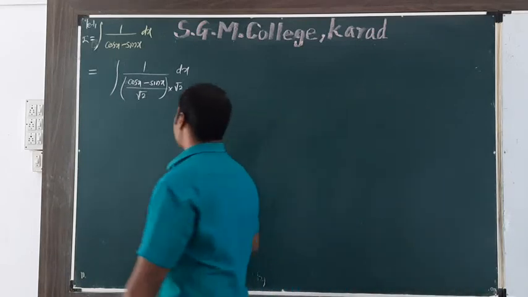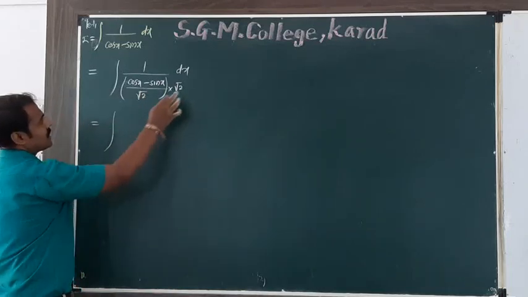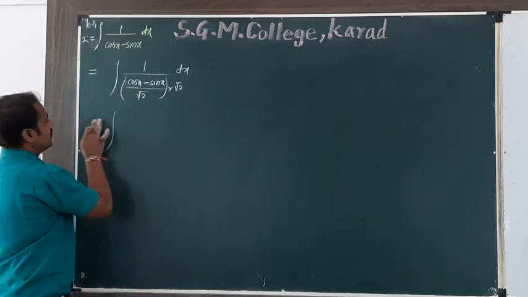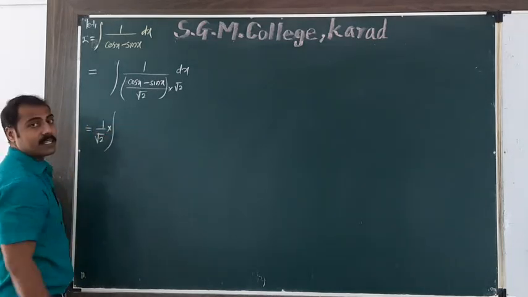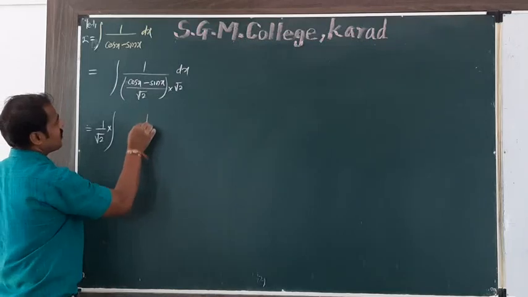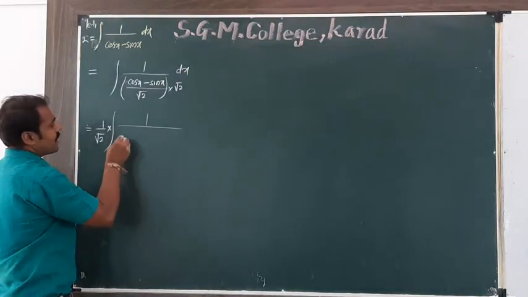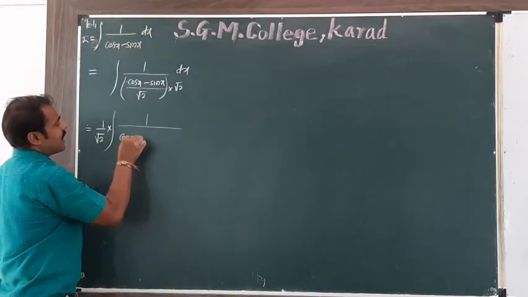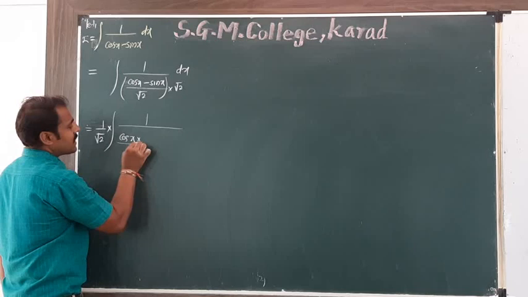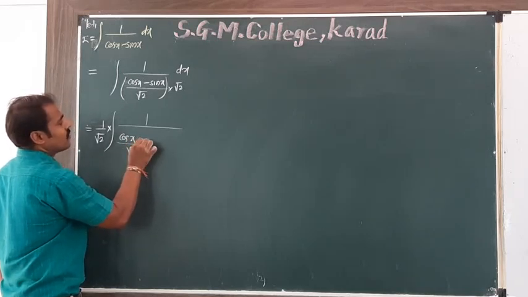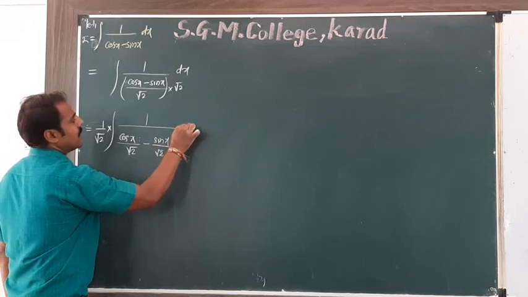This adjustment is very important. So the integration becomes: here root 2 is constant, so take it outside, 1 upon root 2 into integration of 1 upon, on separating the denominator, cos x divided by root 2 minus sin x divided by root 2 dx.